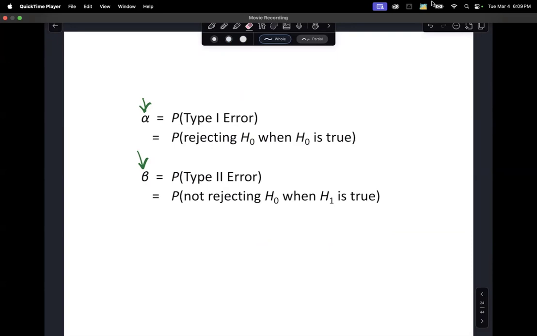As my alpha gets bigger, my probability of type 1 error gets bigger, my probability of a type 2 error gets smaller, and vice versa. You are going to have a question on your quiz that says, what is the probability of getting a type 2 error? If you just say beta, you are good to go. Don't make it more complicated than it is.